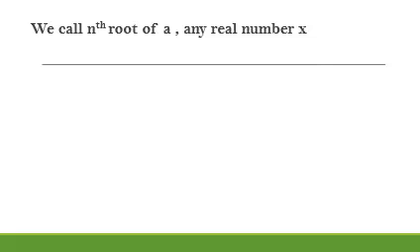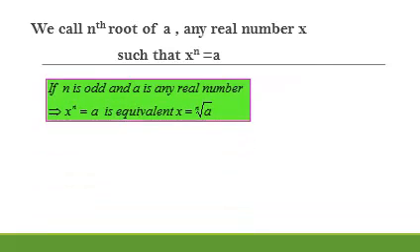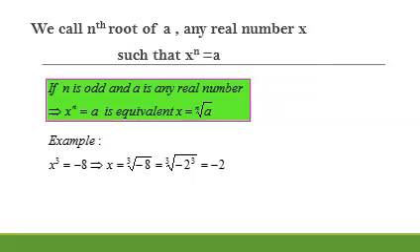We call nth root of a any real number x such that x to the power n equals a. So if n is odd and a is any real number, then x to the power n equals a is equivalent to x equals nth root of a. So if I have, for example, x to the power 3 equals minus 8, the only way to get rid of the power 3 is to put the root 3 of the number.